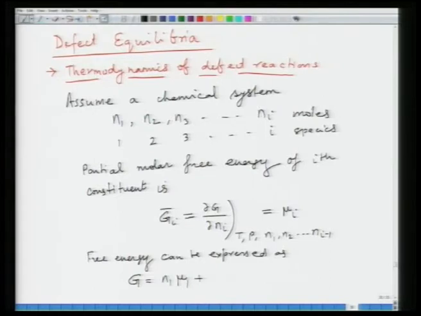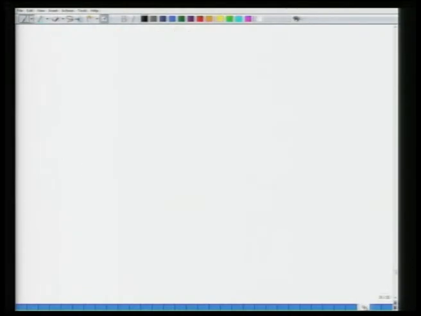So, N1 mu 1 plus N2 mu 2 and so on and so forth, plus Ni mu i. This is the free energy. Now, suppose assume the system is open. So, for an open system, considering the system is an open system.